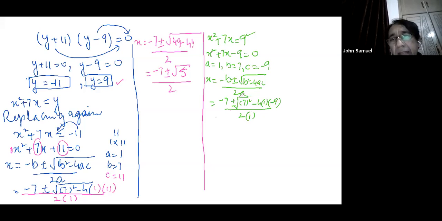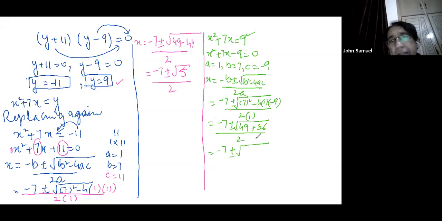So minus 7 plus minus, 7 times 7 are 49, minus minus plus, 4 nines are 36, upon 2. Minus 7 plus minus the square root of 49 plus 36, which is 85, over 2.